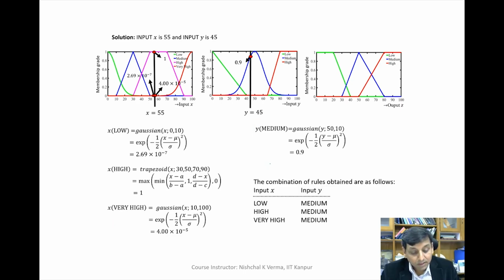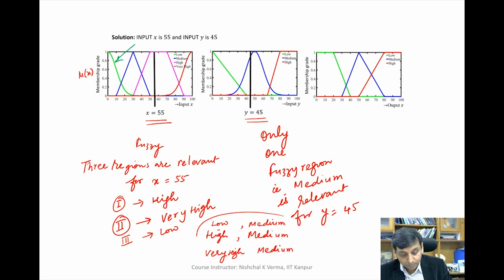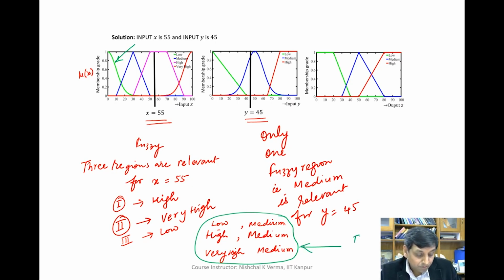So the combination of rules that are obtained here, all these combinations are the input combinations.